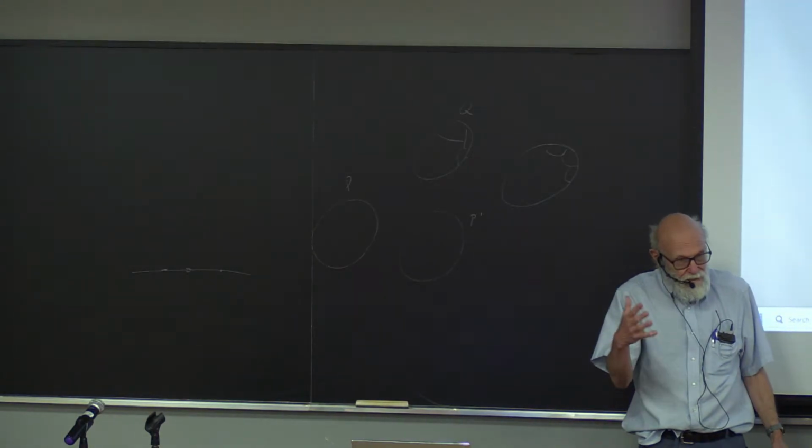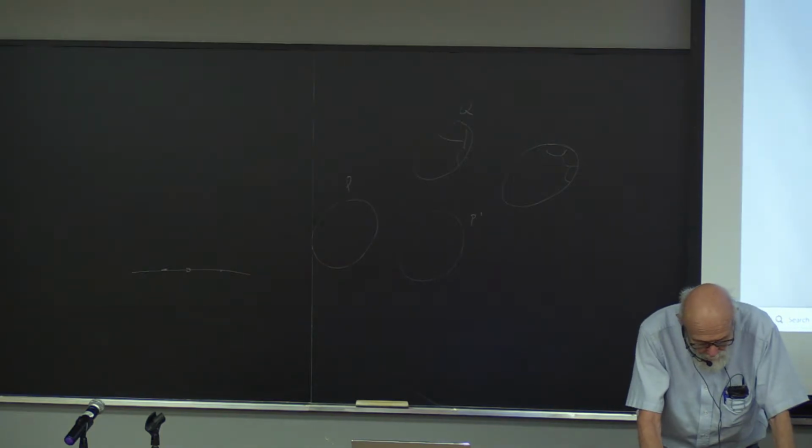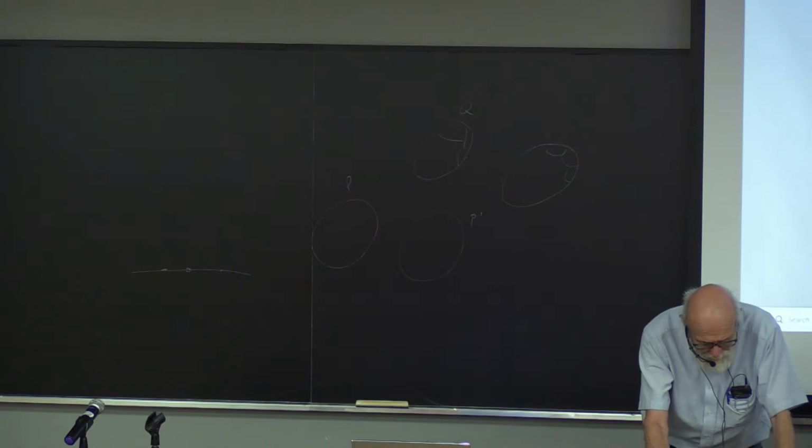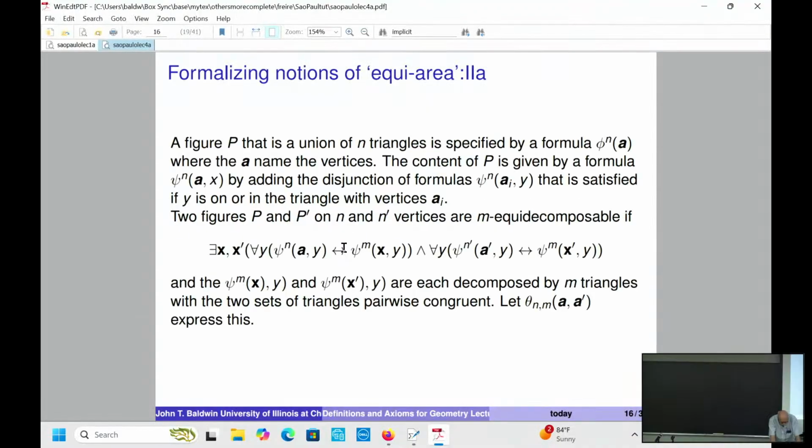I mean, this is clearly what Euclid is intending. But we have this same problem about describing this. Right. So where it is, and I say I can do it in L omega 1 omega by.